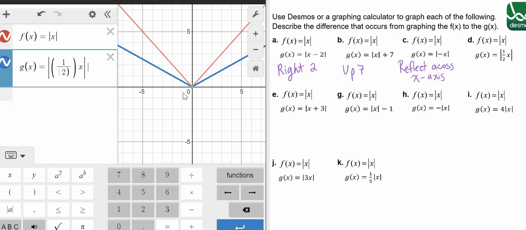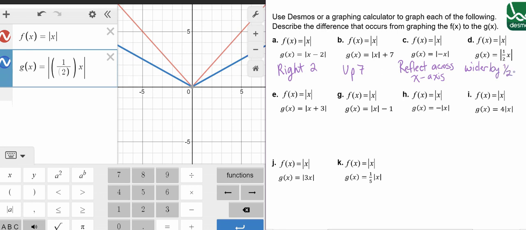It's still a V, but now it's gotten wider, right? It's gotten wider. So we're going to go ahead and write down wider by 1/2.